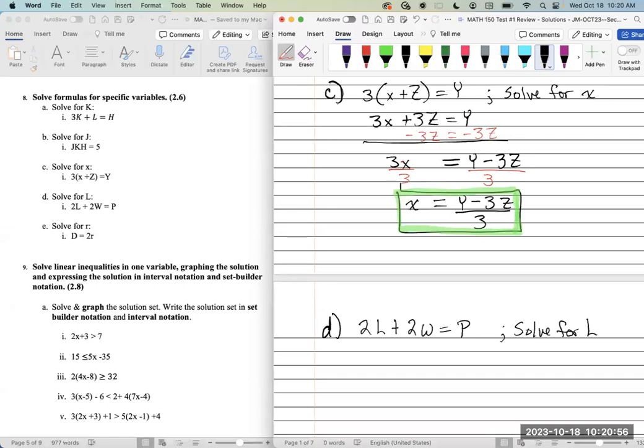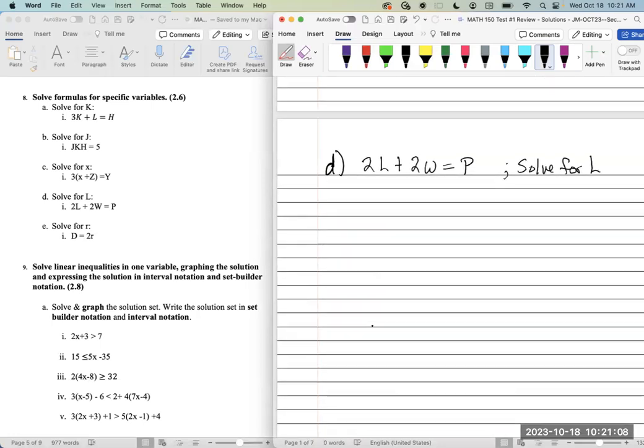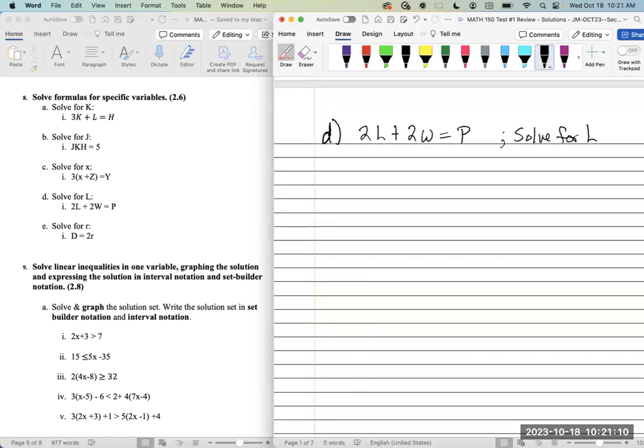D, given the equation perimeter equals twice the length plus twice the width, solve for L, length. My goal is to isolate the L. So the first thing I'll choose to do is subtract 2W from both sides.